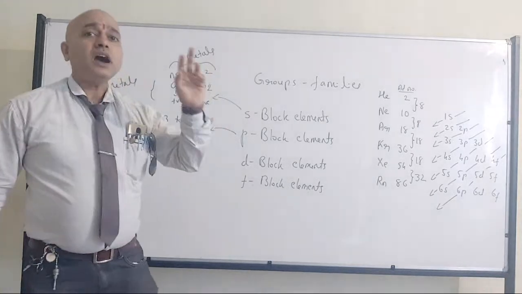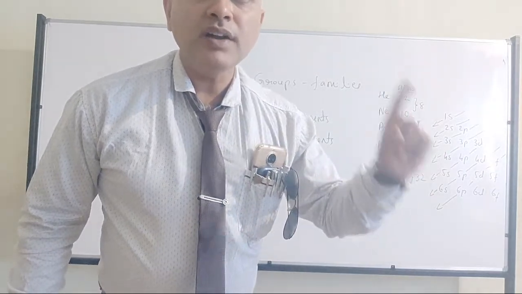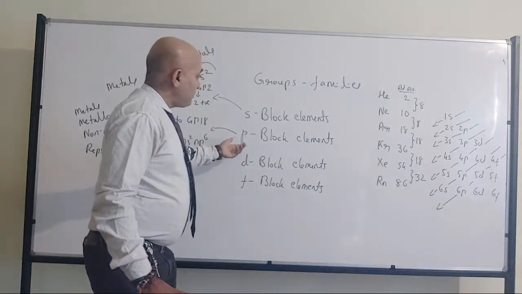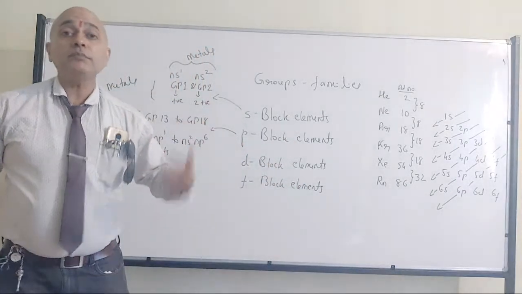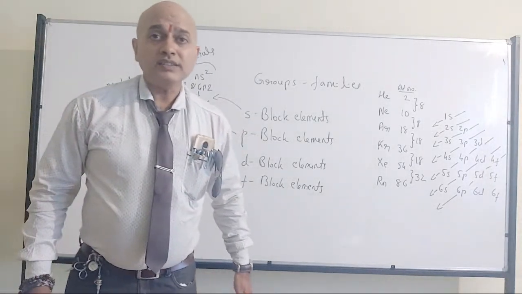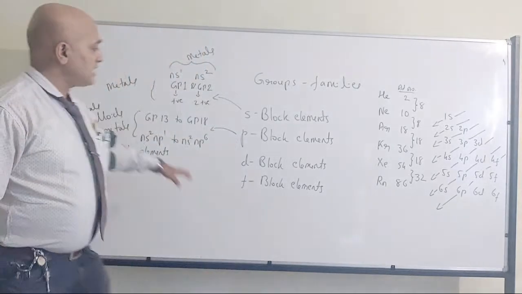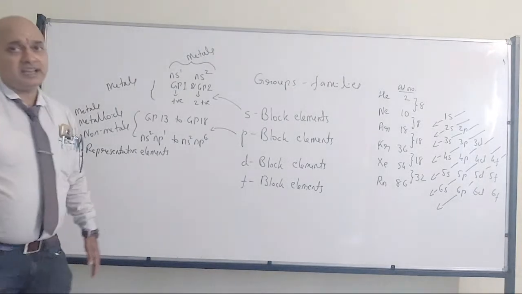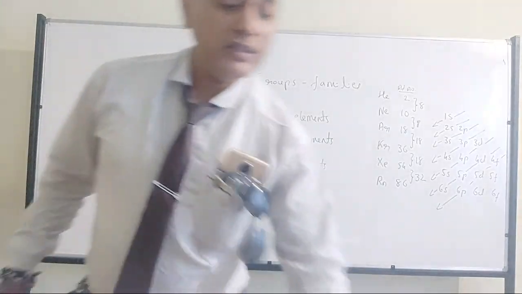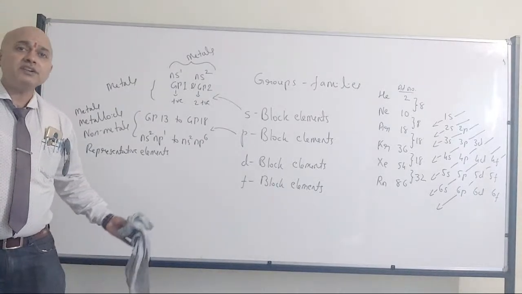So if someone asks you which elements in the periodic table have non-metals, you can say P block elements, which are also called representative elements. Due to their reactivity, we call them representative elements. All of you have understood?